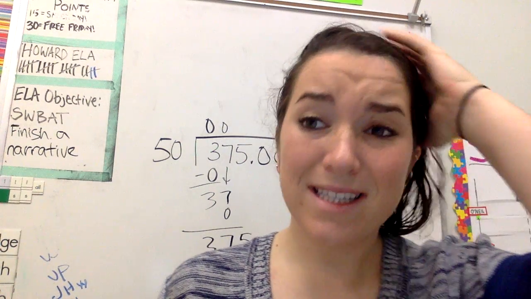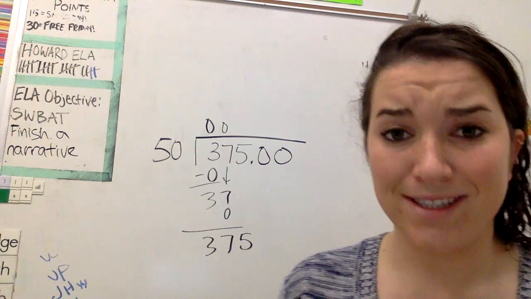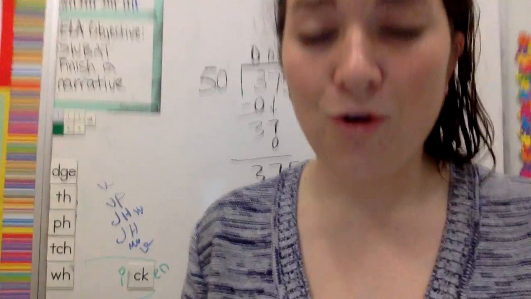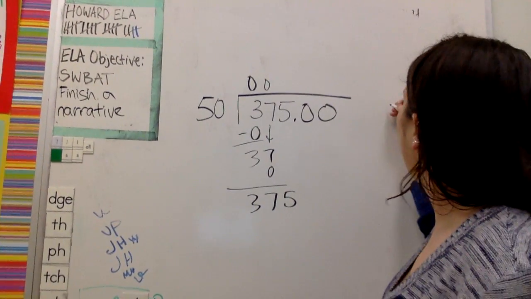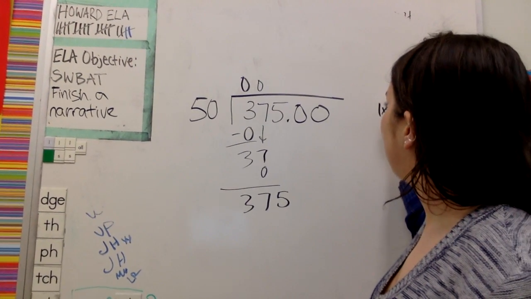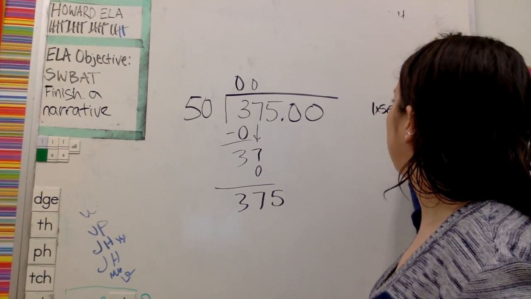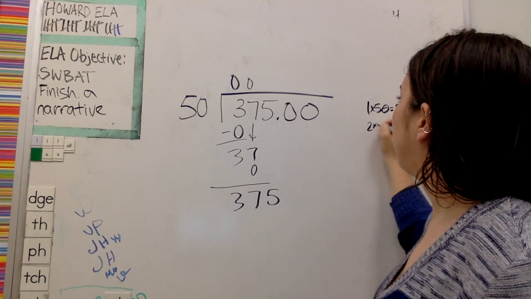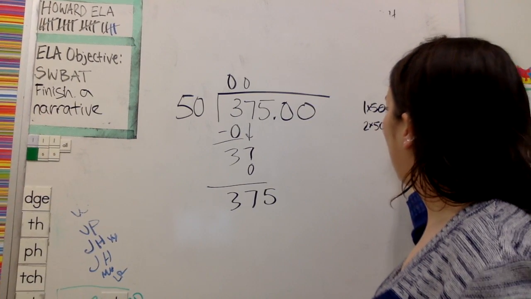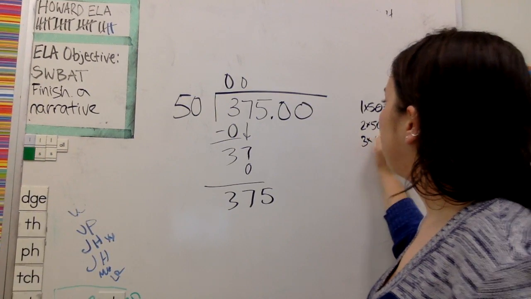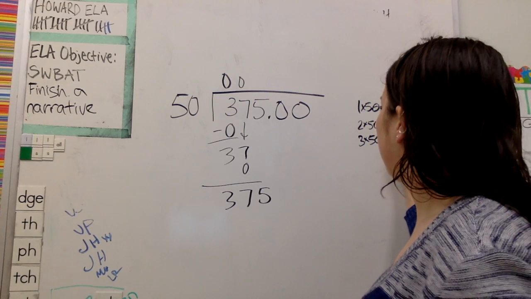All right, so I need to see how many times 50 goes into 375. What I'm going to do is write my multiples of 50 over on the side. So 1 times 50 equals 50. 2 times 50 equals 100. 3 times 50 equals 150.